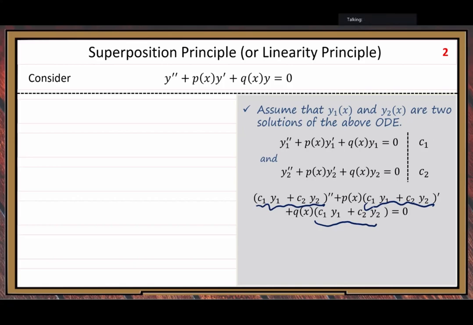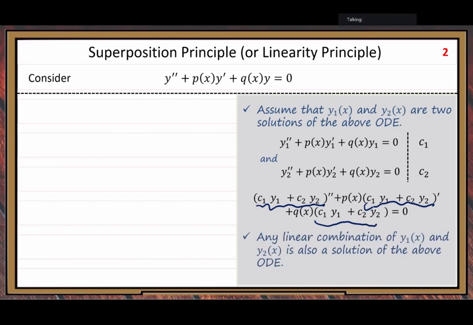So this equality tells us any linear combination, because we call C1y1 plus C2y2 a linear combination. The conclusion is any linear combination of y1 and y2 is also a solution of the above ODE.